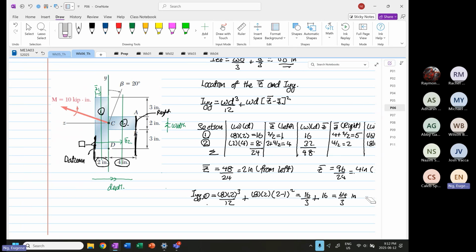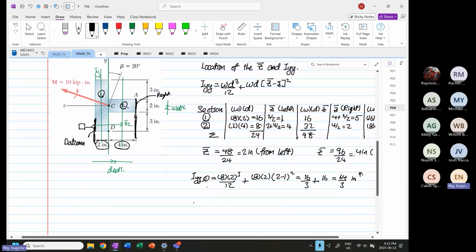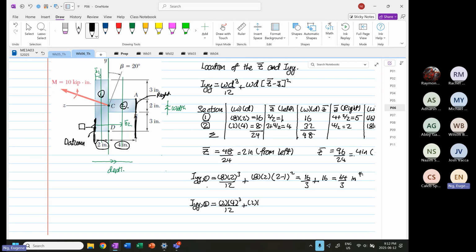So this is equal to 16 plus 16 over 3 is equal to 64 over 3 inches to the 4. And IYY2, so the width is 2, 4 cubed over 12 plus 2 multiplied by 4, (2 minus 4) squared. Okay, from the left, yep.